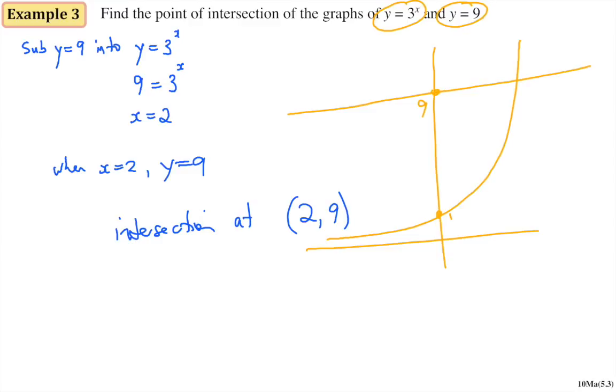And according to this answer here, that point there, where the line and the curve or the exponential graph meet, is the point 2, 9. So it's out 2 and up 9. So that's the process there. You'll be doing a little bit of guess and check with ones like that.